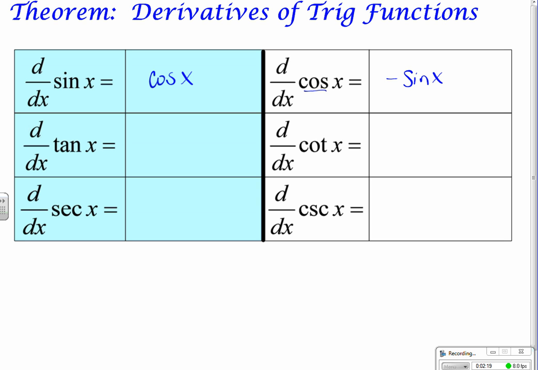We just discovered that tangent turns out to be secant squared x. And if we did a little bit of work, I could take the derivative of cotan, much like I did tan, only I'd have cosine x over sine x. The derivative of this, you would find, comes out to be negative cosecant squared x.